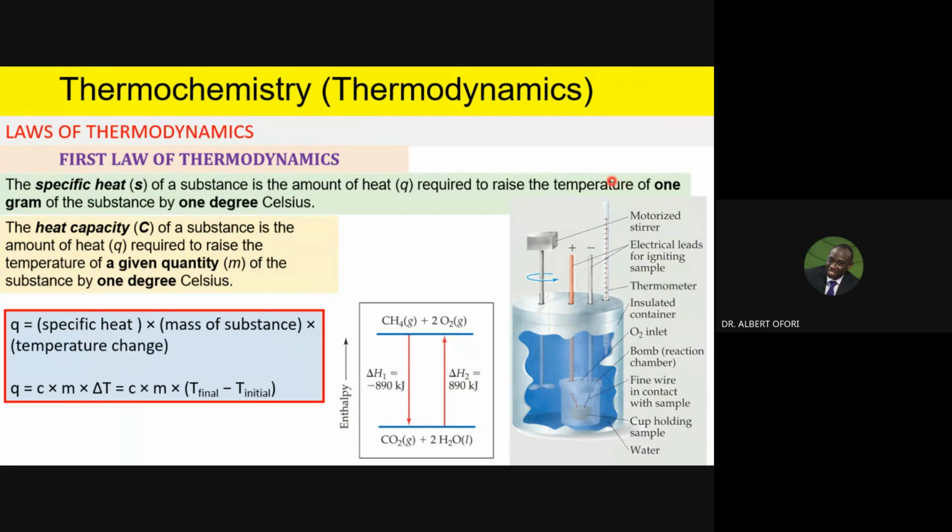And normally we use what we call the bomb calorimeter. We'll come there again. Well, in a reaction, we can equally measure the heat of that reaction.